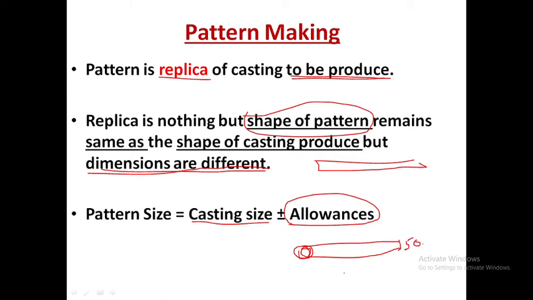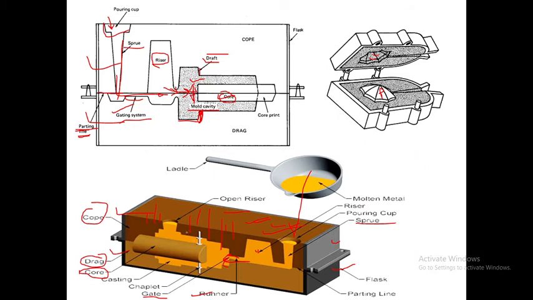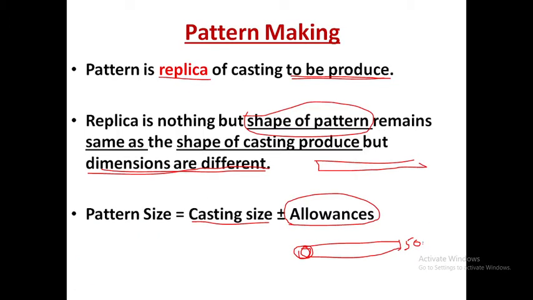Suppose we make the pattern of 50 mm, pour the molten metal into the cavity, but during inspection we will find that the dimension of our casting is not 50 mm, it is somewhere around 49.50 for better understanding.